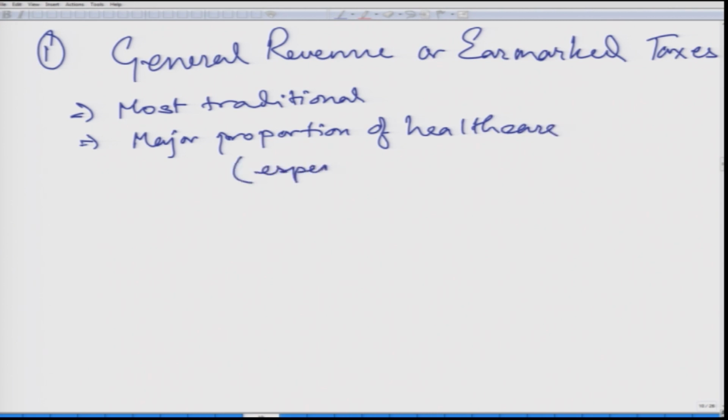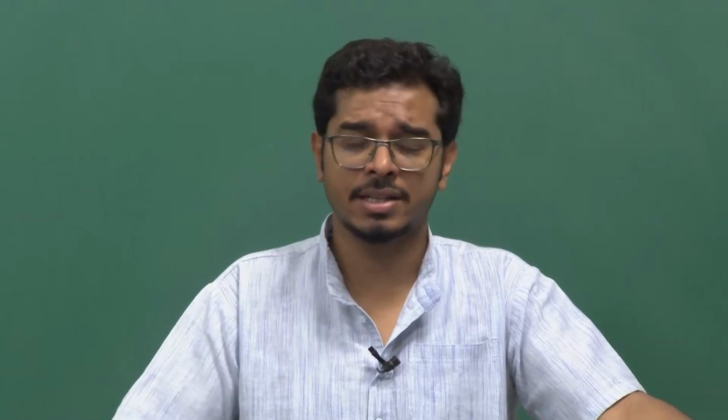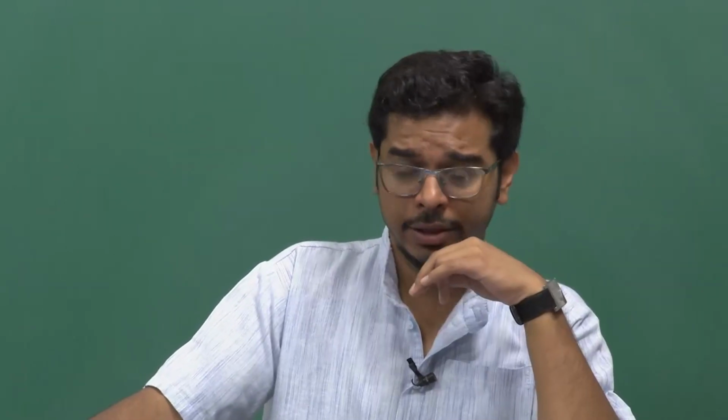Especially for the poor people. Because whatever happens, if they can afford, they will come to the government hospital, or if some critical treatment is required, they will come to a government hospital. Otherwise, if there is no government institution, let's say primary health center, community health center, they can go for a traditional healer or some quacks nearby.